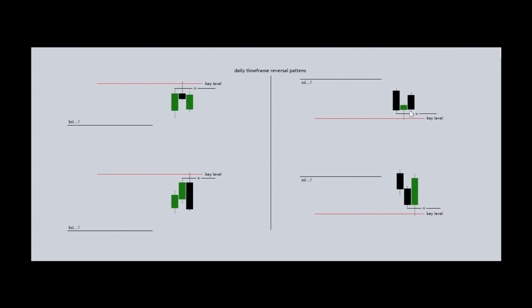So you can trade this first candlestick, but it's risky. So I myself wait for this candlestick to close, and then I enter on the third candle.